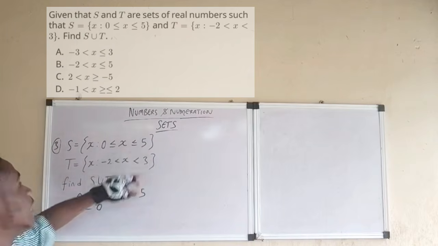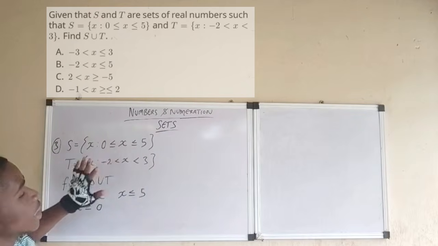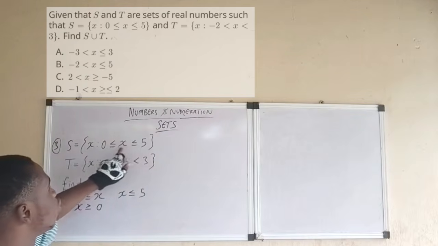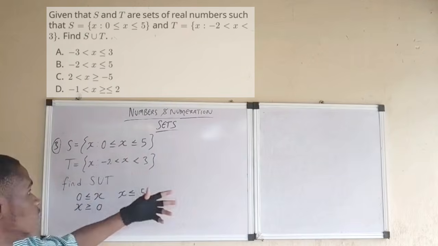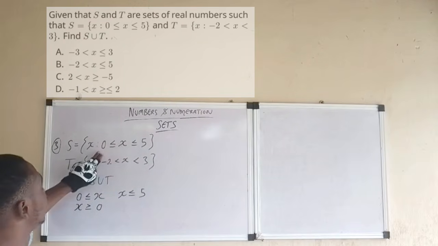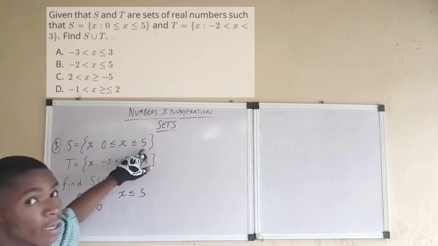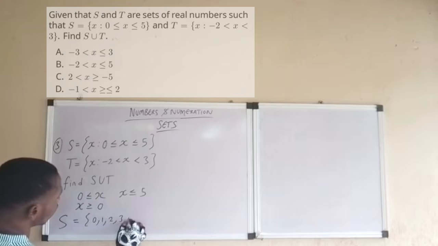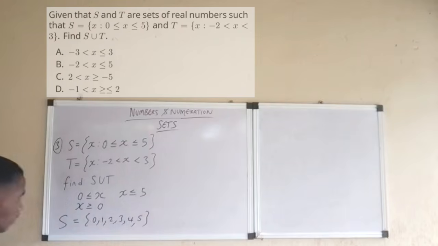Note, anytime you see this slack inequality and the equals sign is there on both sides of the compound inequality, just start the range of the values of x from 0 to this highest number here. So it means that the range of values for set S contains the elements 0, 1, 2, 3, 4, and 5. That is it. Do you understand? That is it.